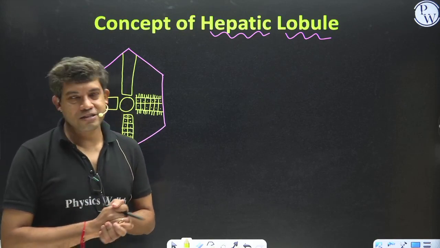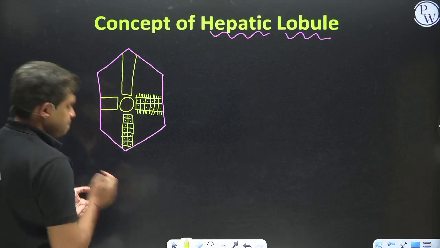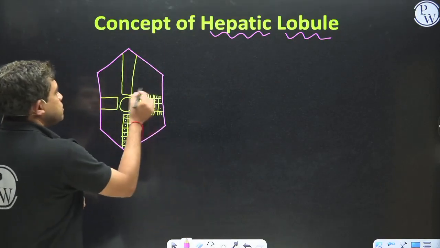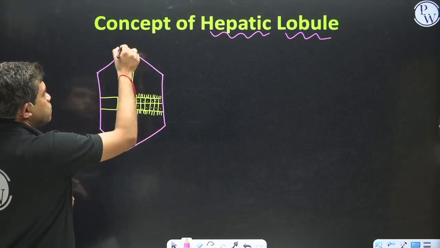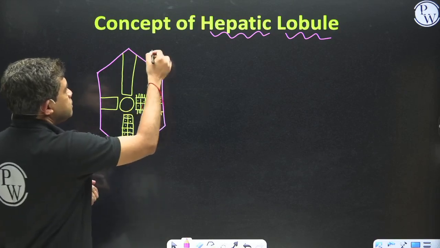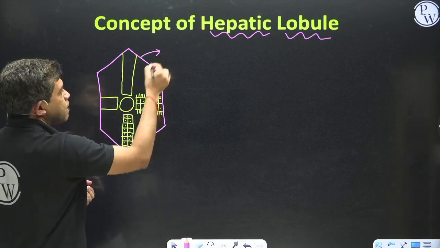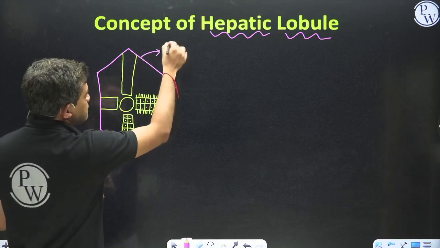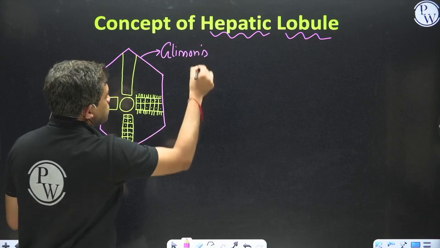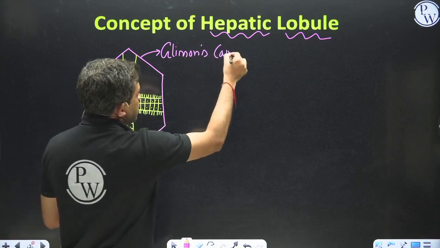So let us see how it looks. Once again, these hepatic lobules are enclosed by a capsule. This capsule is termed Glisson's capsule.